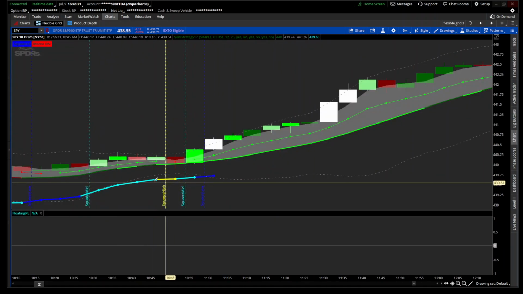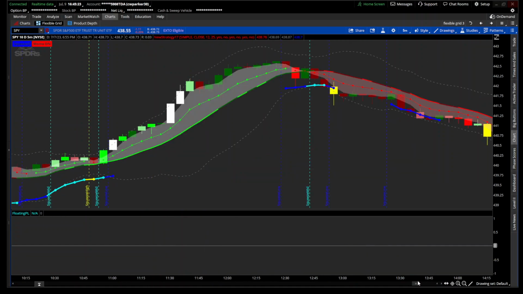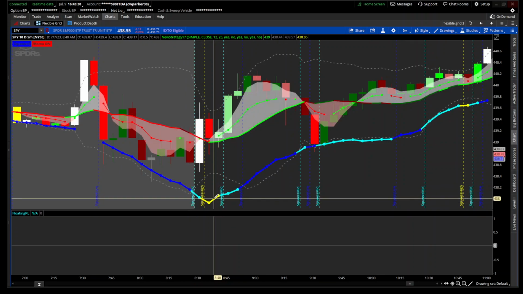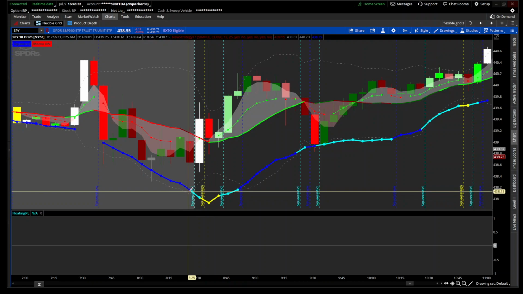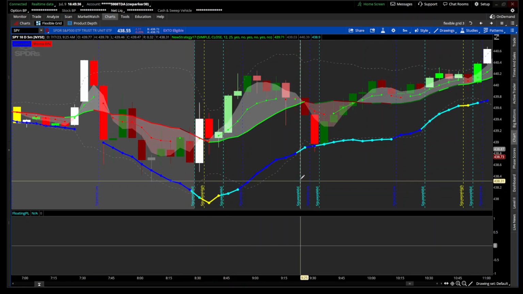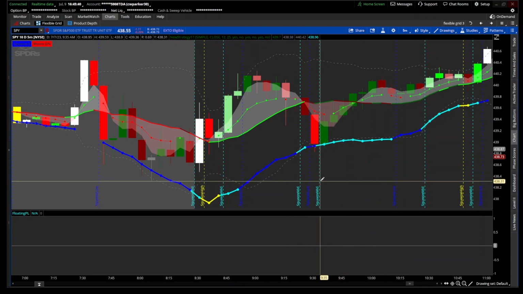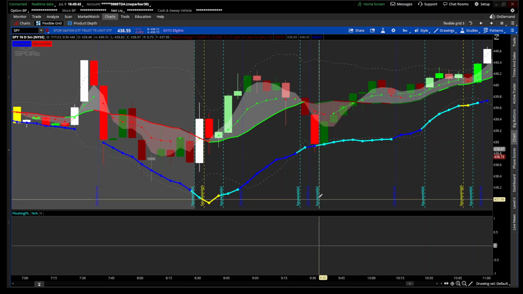If you didn't want the squeeze indicator right here, you actually have the different shifts, and that's where you're seeing these different shifts with these vertical lines right here, and they're just shifting through and letting you know that, hey, the stock is potentially squeezing up or down.